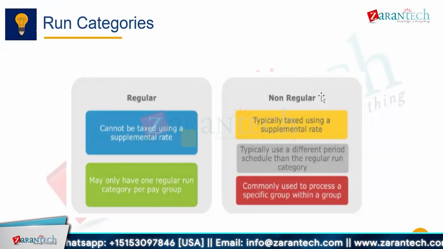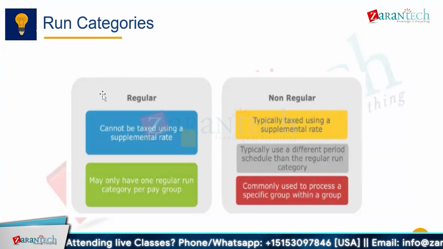You want to process the bonus as supplemental rates, and there are only a few earnings that you want to process differently. This is a slightly advanced topic for now, but once we have the overview in the next couple of weeks, then we'll see how regular and non-regular run categories look like, and how that pans out differently, so that way you'll understand it better.